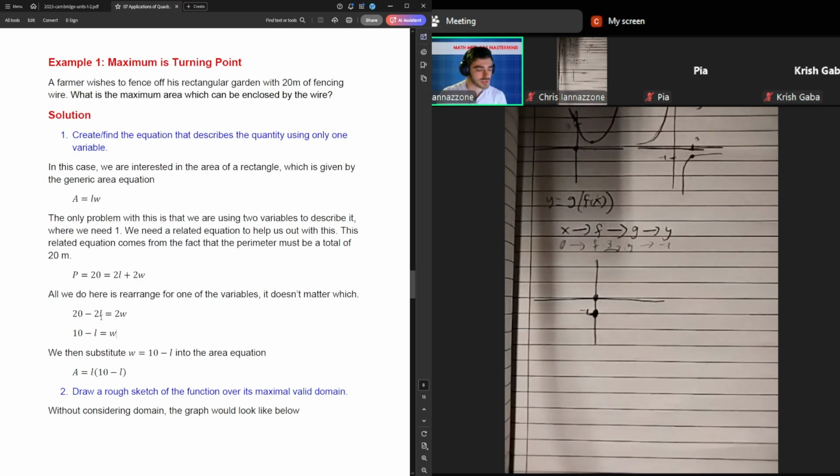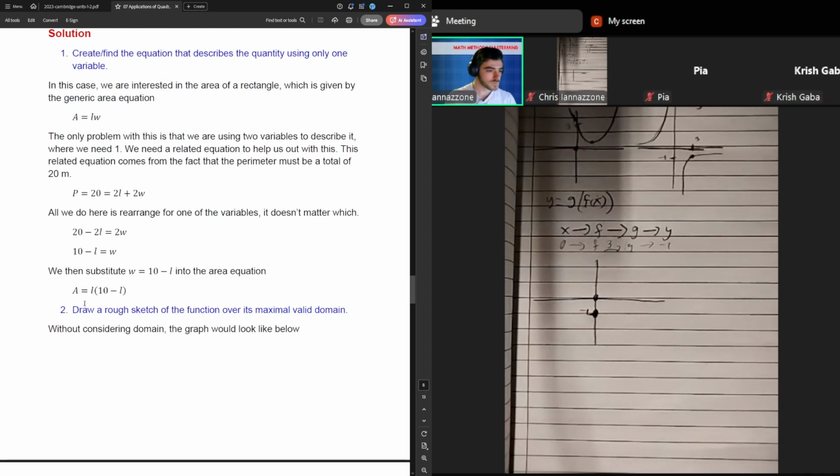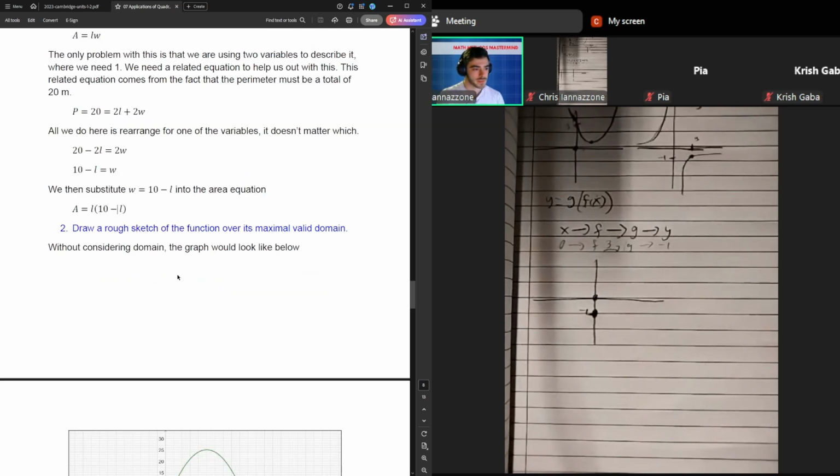In this case, I've chosen to rearrange for W. So once you have your W, you just replace that W in the area equation with your 10 minus L, thus getting your full quadratic equation out of this. Because there's only one letter left, we can put A on the y-axis and we can put L on the x-axis. There's no more weirdness going on in there.